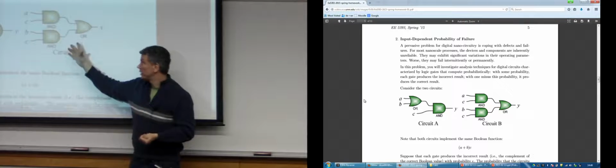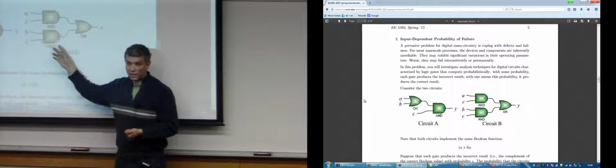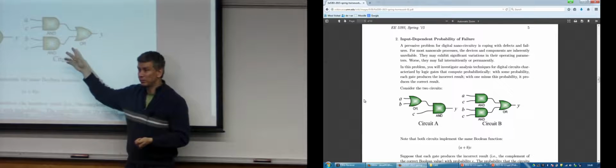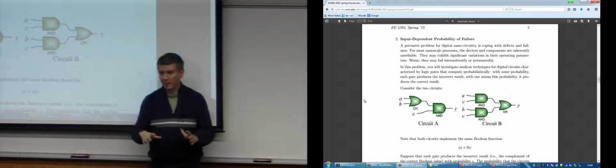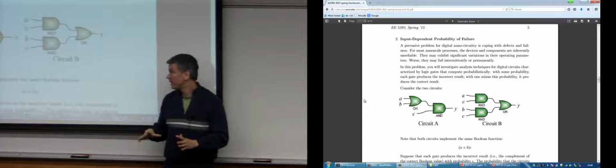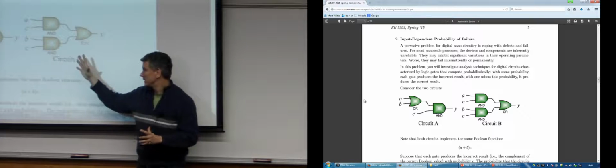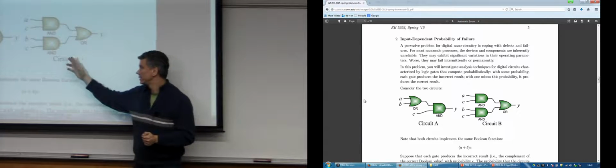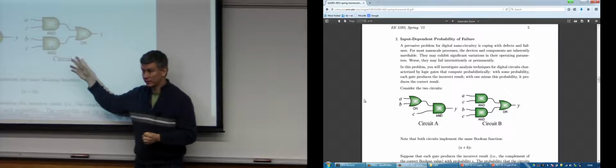Instead, you're just looking at these circuits, and you're evaluating the probability that each gate computes correctly versus the probability that the gate computes incorrectly. So entirely different setup for the topic here, where we're not considering probabilities coming in. We're considering probabilities in terms of the gates producing the correct result.